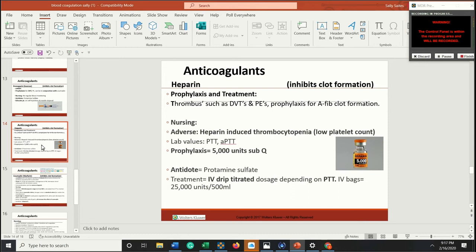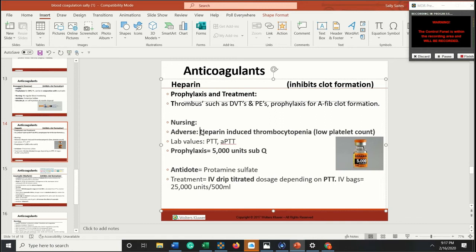One of the adverse effects of heparin, and this would be really for long-term use, would be heparin-induced thrombocytopenia, which is a low platelet count. So for that reason, with Lovenox and heparin, we do monitor the platelets.